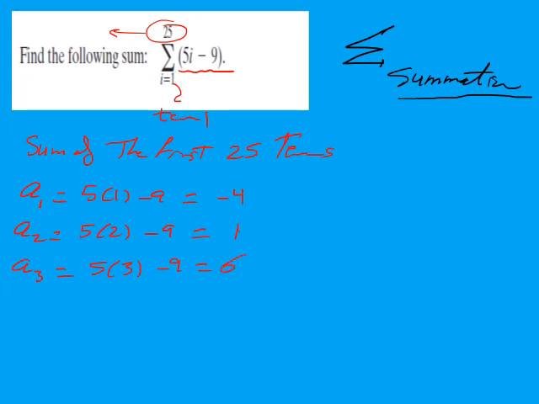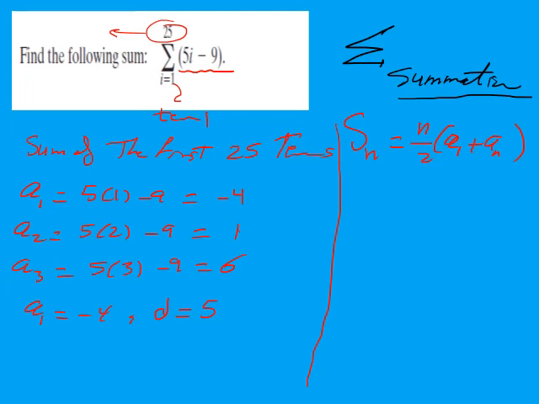So as we notice, every time I'm adding 5. So the first term is negative 4, and the common difference is equal to 5. It represents an arithmetic sequence. To find the sum, it's n over 2 times a1 plus an.